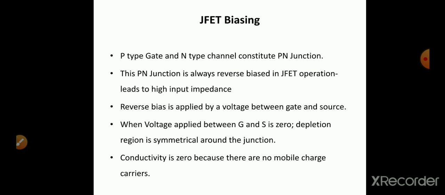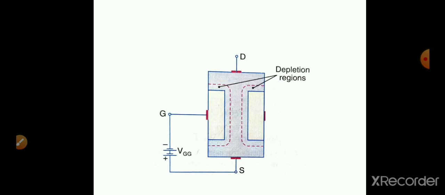Here the depletion regions are formed equally. When VGG, the voltage applied at the gate terminal, is zero, the depletion region is symmetrical around the junction, and due to this the conductivity is zero because there are no mobile charge carriers. Here the conductivity is zero.